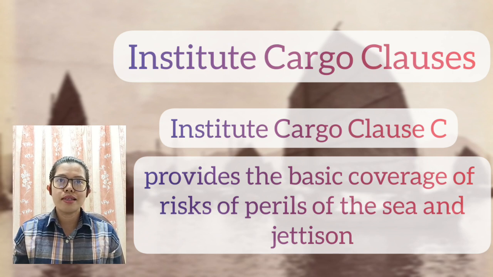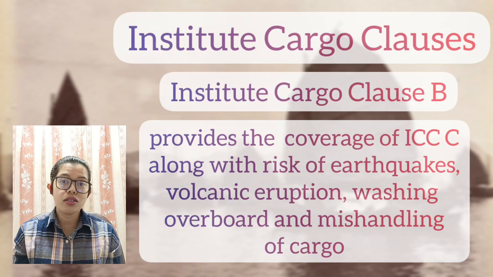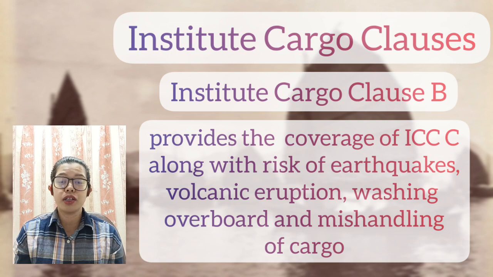This is the most basic of the Institute Cargo Clauses. The next one is the Institute Cargo Clause B. This covers the risks covered by the ICC C, as well as earthquake, volcanic eruptions, washing overboard, and mishandling of the cargo.